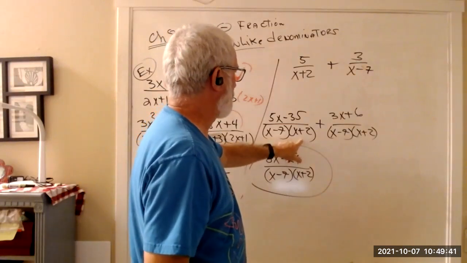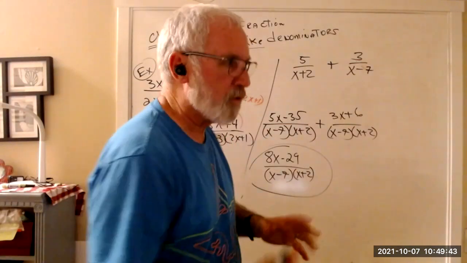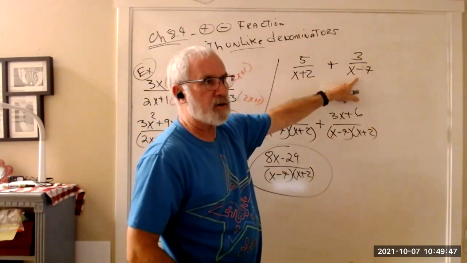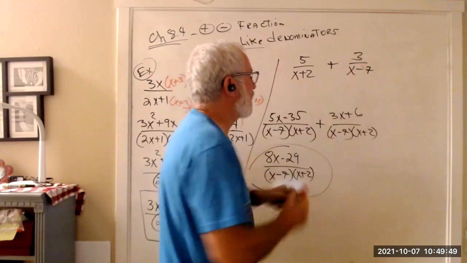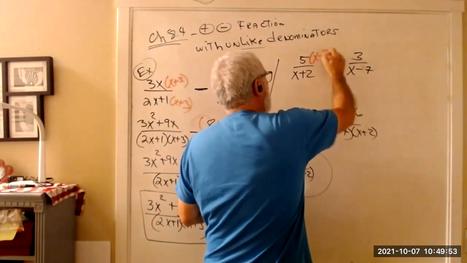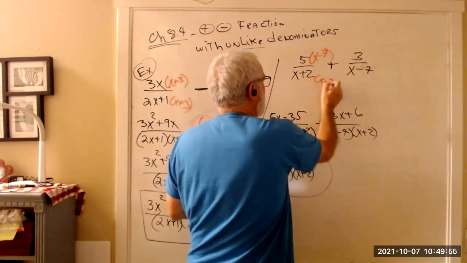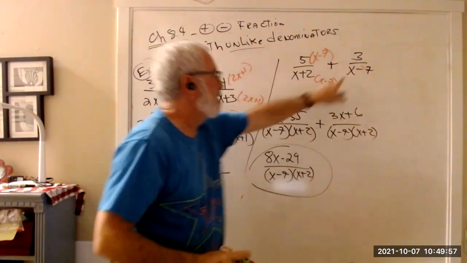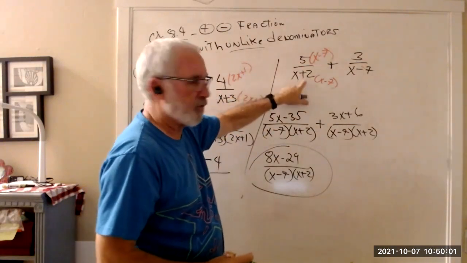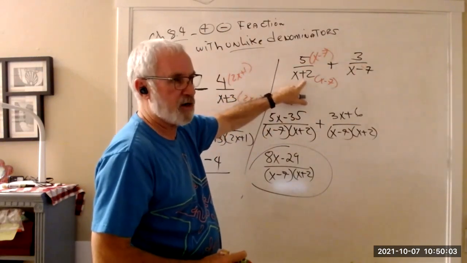Sorry. Okay, so your question was, how do you know what to multiply by? You use this denominator. What I did is I just said, take this whole thing, this x minus 7, and multiply top and bottom by x minus 7. So I use this denominator to multiply the other fraction.